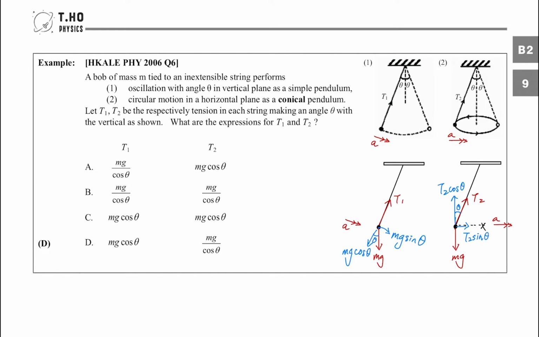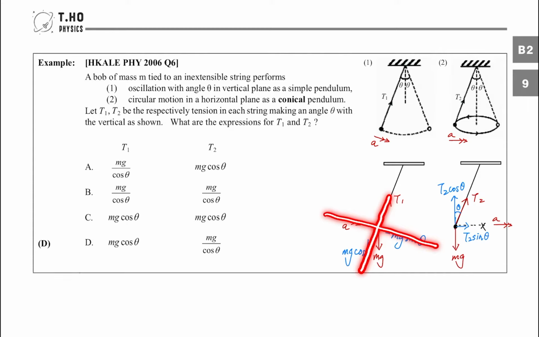So you can see, based on different motion, by looking at different directions of motion, we have to decide which force to be resolved. Our aim is to resolve the force so that all the forces will be either parallel to the motion or perpendicular to the motion, but nothing else.